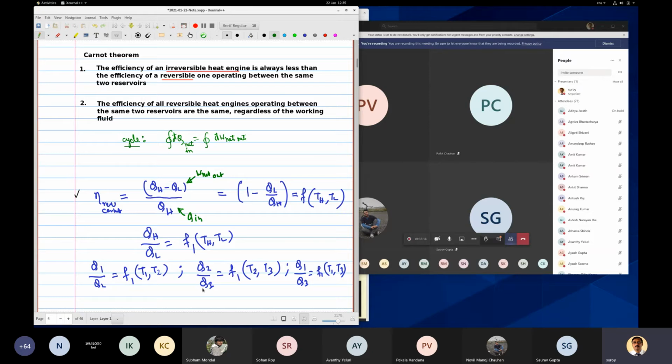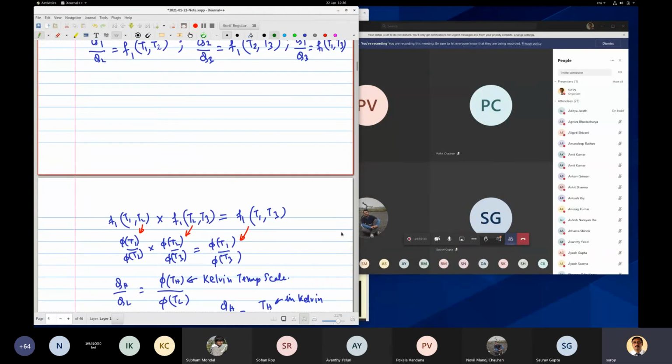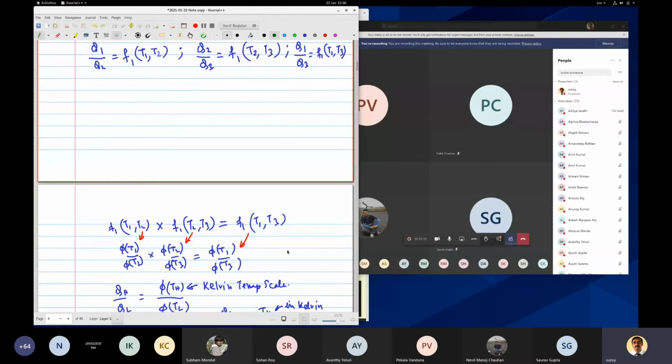Similarly, if you have Q2 and Q3 between two other temperatures, then it will be T2 and T3. Now if it is Q1 and Q3, then it will be T1 and T3. But if you multiply these two, what we see is function of T1, T2 times function of T2, T3 is the same function and equal to function of T1, T3, right?